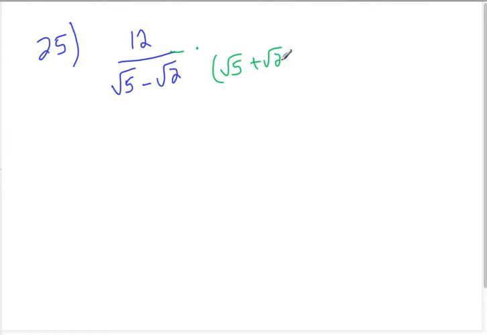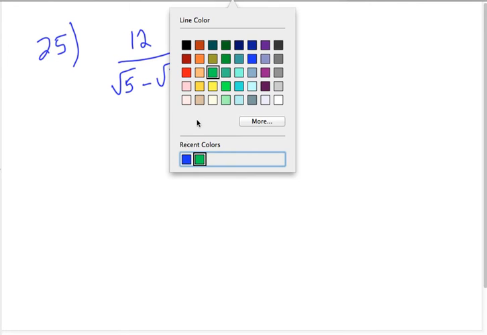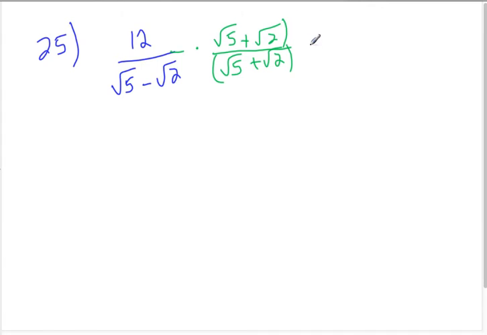So if we multiply by root 5 plus root 2 on the top and bottom, something awesome happens on the bottom, because what we get, oops, I forgot to close that parentheses. What we'll get on top is 12 times root 5 plus 12 times root 2.